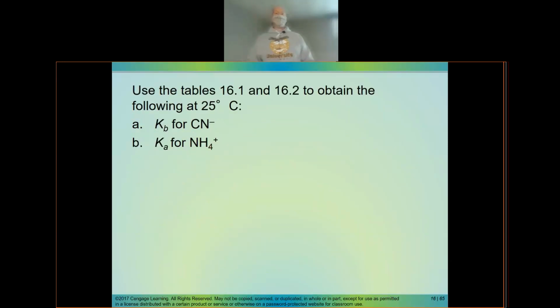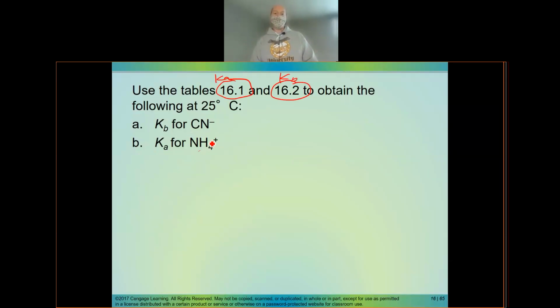All right, so we calculated our Kb for CN-, and our Ka for NH4+. I said we looked them up in a table. Well, that was not the truth, because table 16.1 has the Ka values and 16.2 has the Kb values.